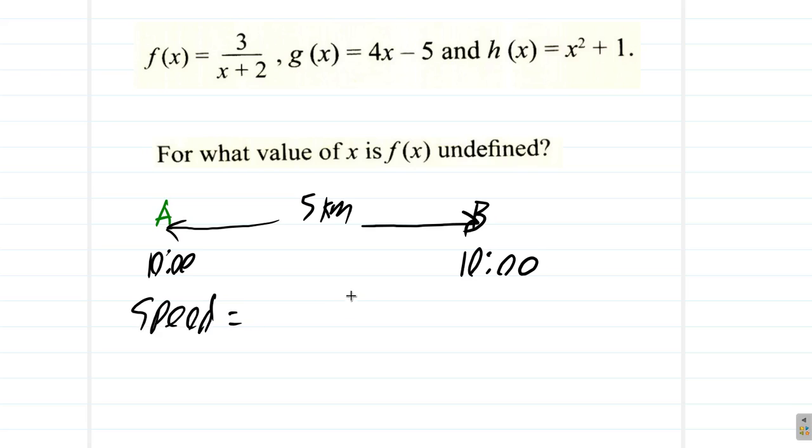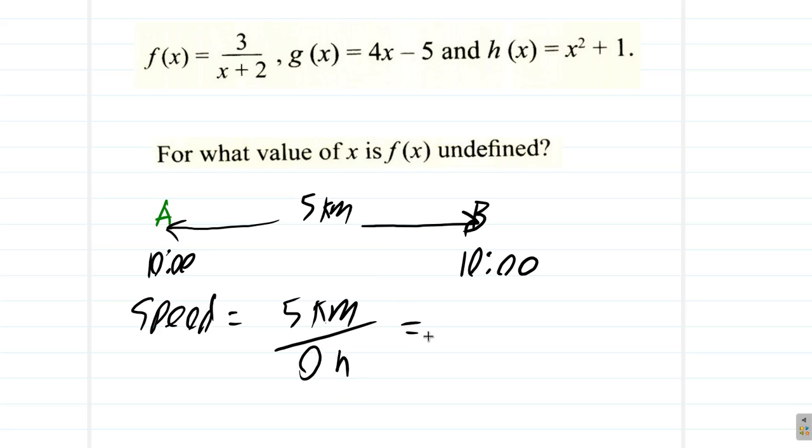Your speed is the distance, 5 kilometers, per how long did you take to travel from A to B? Well, if you're at A at 10 a.m. on a particular date and you end up at B at the same 10 a.m. on that date, then your time was 0 hours.